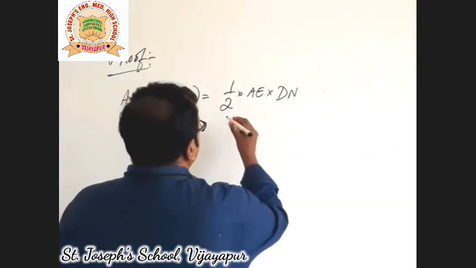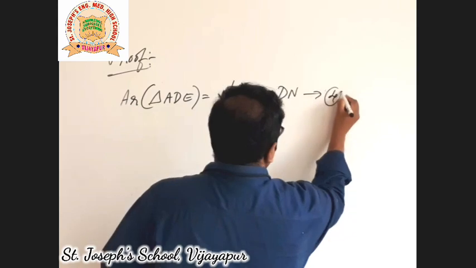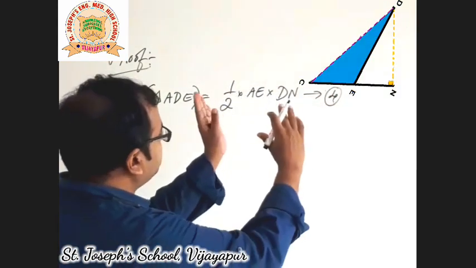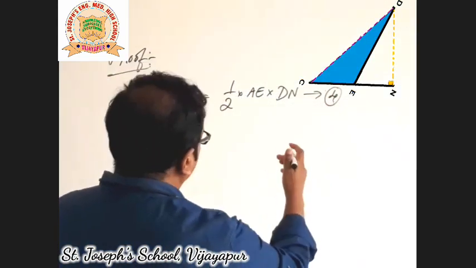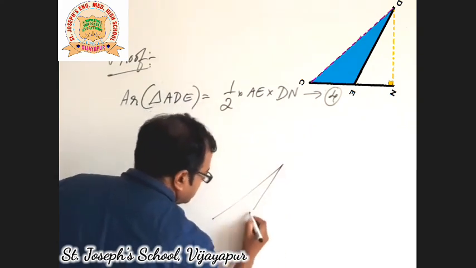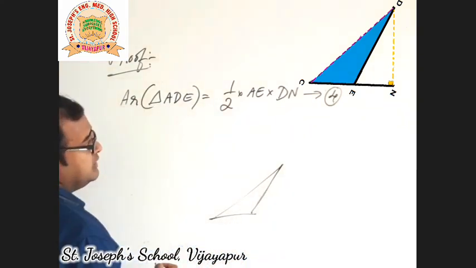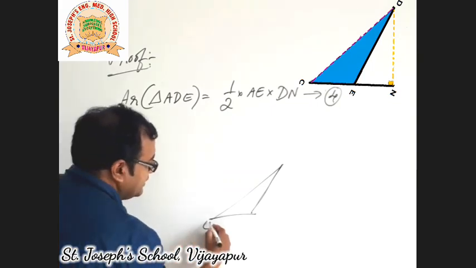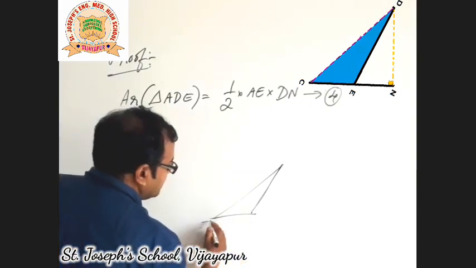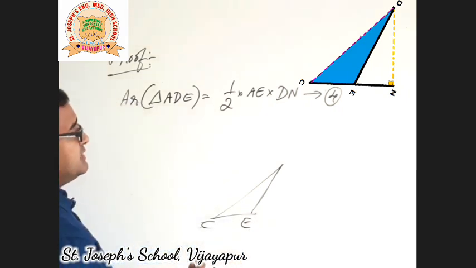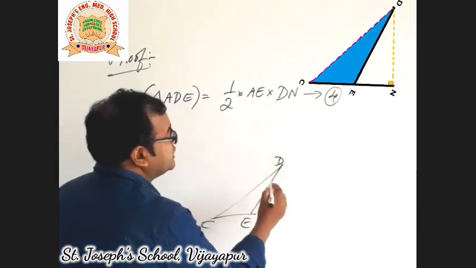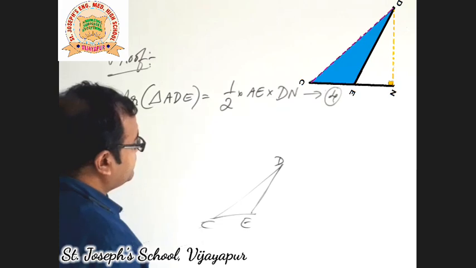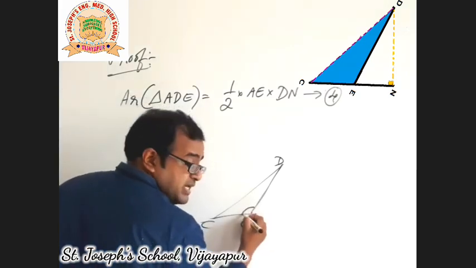So now this, I'll call it equation 4. Now look at the obtuse angle triangle formed here, the other way. In that triangle, CE is the base and D comes somewhat here. In this obtuse, again as I said, this is an obtuse angle.